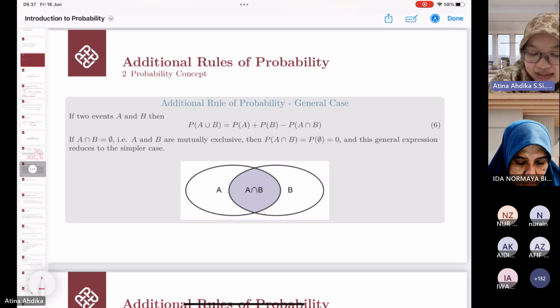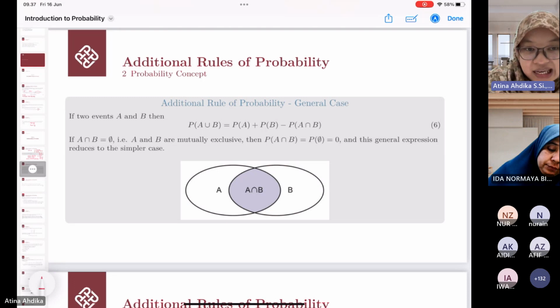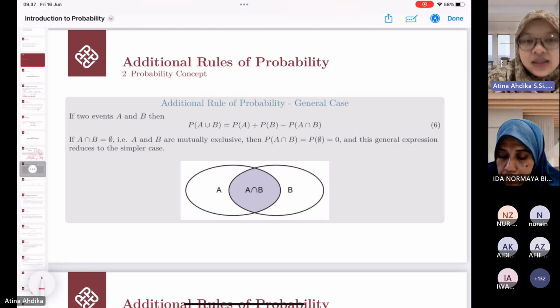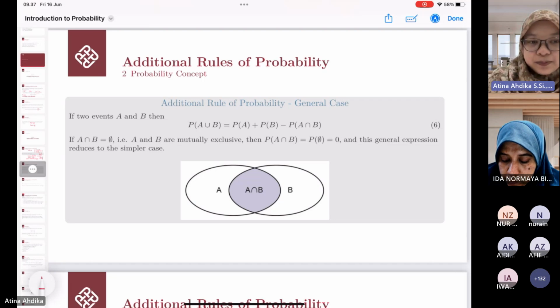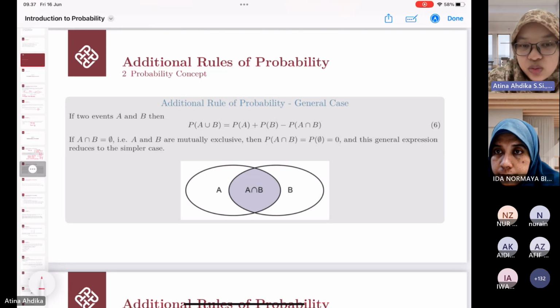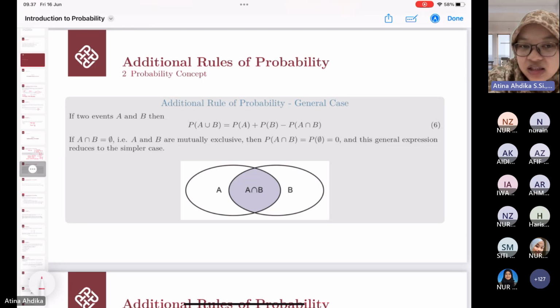If we have two events, A and B, then the probability of the union between A and B is equal to the probability of A plus the probability of B minus the probability of the intersection between A and B. If there is no intersection between A and B, meaning A and B are mutually exclusive, then the probability of the intersection is 0, and this general case becomes the simple case.